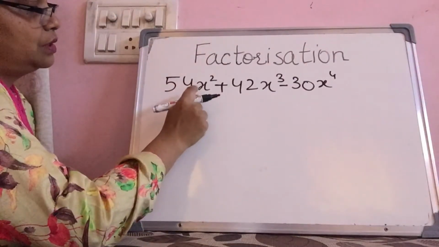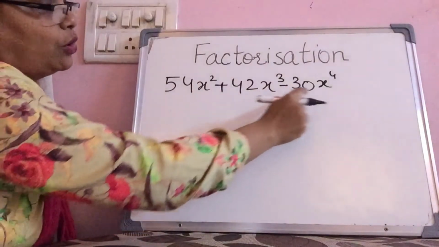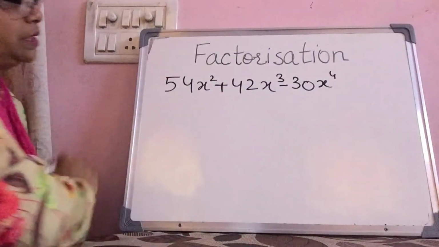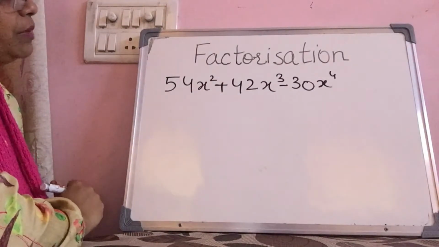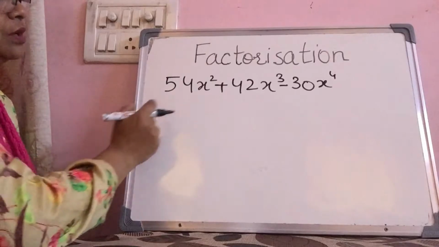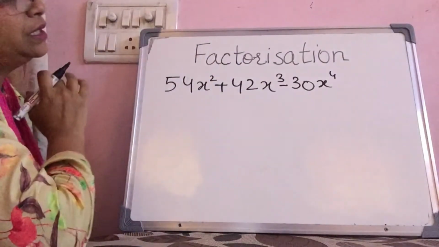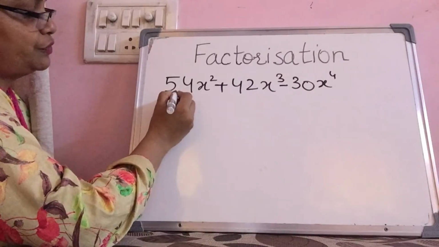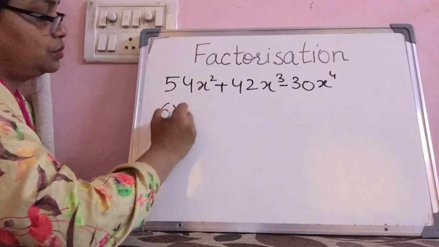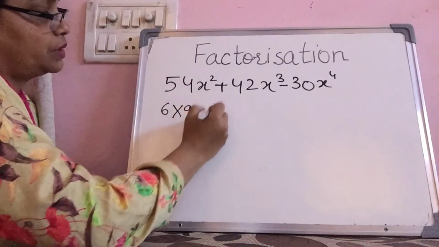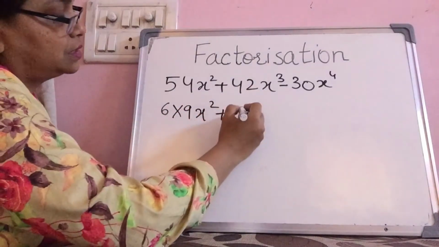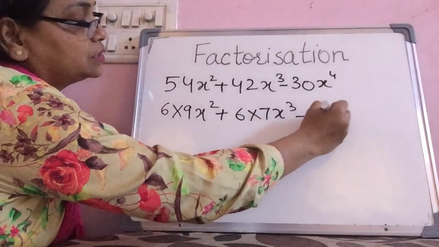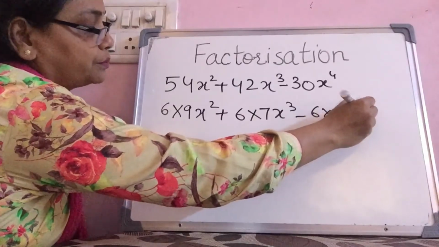In this question there are x in all the three terms and 6 as a factor in all the three terms. So we can do it by regrouping method because we can see that there is no identity that we can use in this question. We can write factors of 54 as 6 into 9 x square plus this 6 into 7 x cube minus 6 into 5 x4.